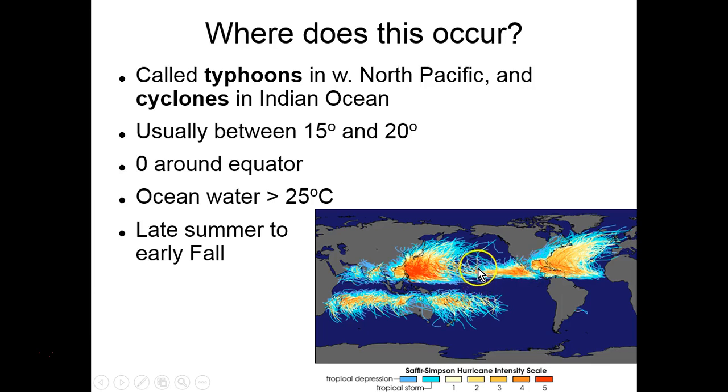So they occur in ocean water that is greater than 25 degrees Celsius, and therefore they occur in the late summer to early fall because that's when the water is the warmest. Okay, this image is showing you where hurricanes generally occur and the intensity of those hurricanes that have occurred there.